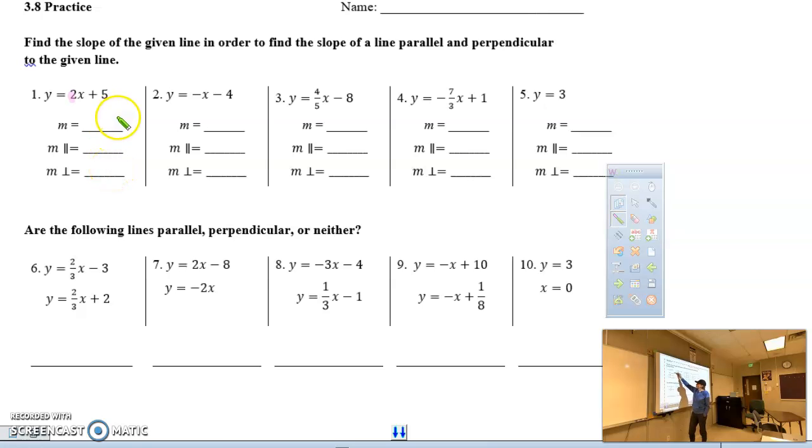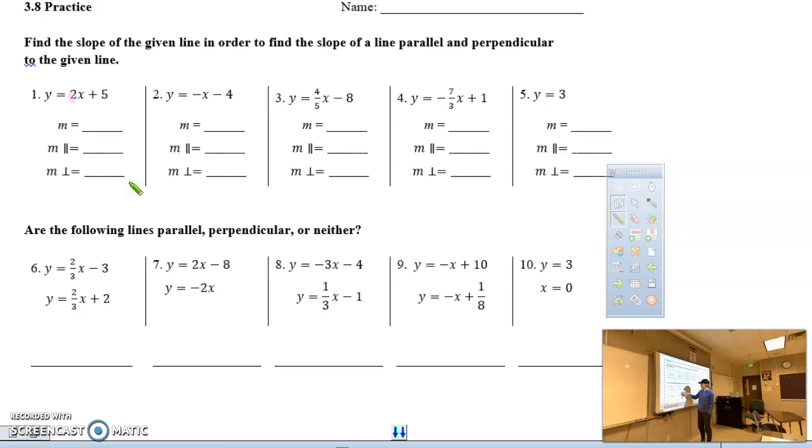So the slope here would be 2. The parallel slope would still be 2. The perpendicular slope would be opposite, so negative, and then flip the fraction. So instead of 2, it would be 1/2. Okay, you're just going to name all of those slopes across here.